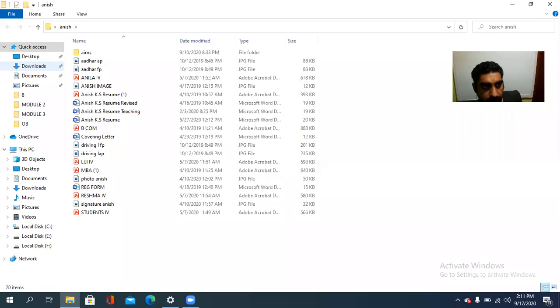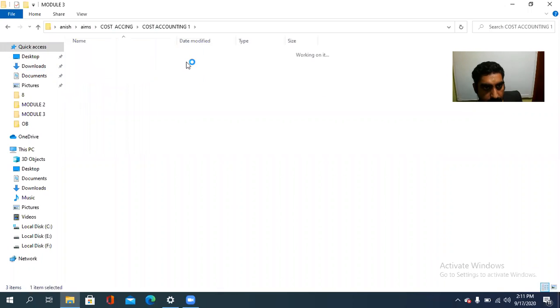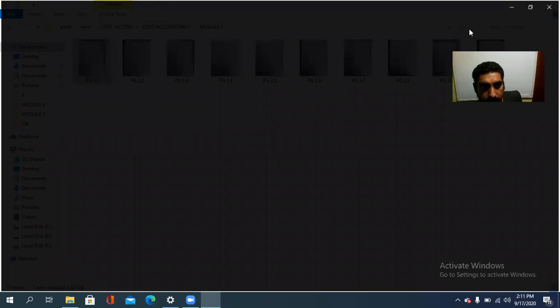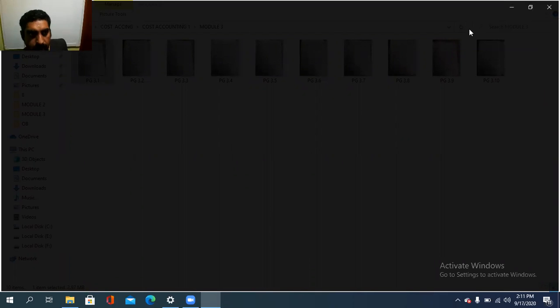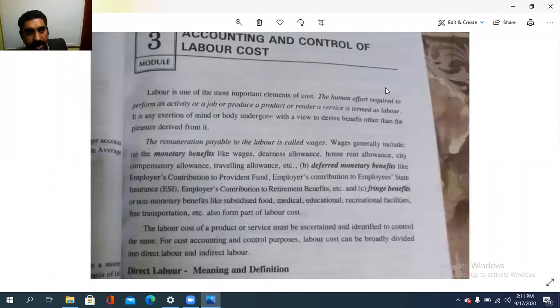So we will see in detail what a labor cost is. So, accounting and control of labor cost.